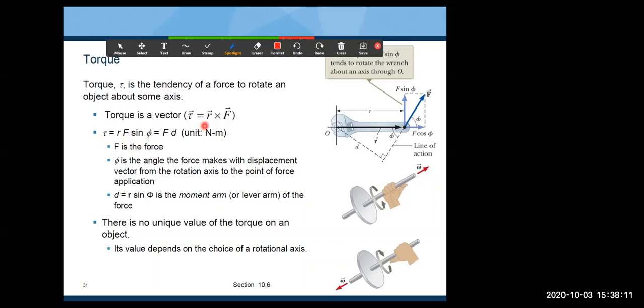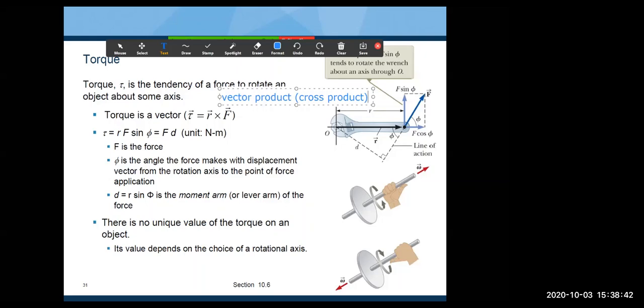We call this the vector product, or sometimes the cross product, because as you can see in the notation, the torque is written as r vector cross F vector. It is written with a cross in between the two vectors.